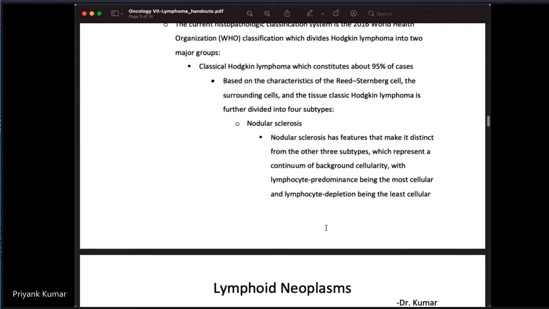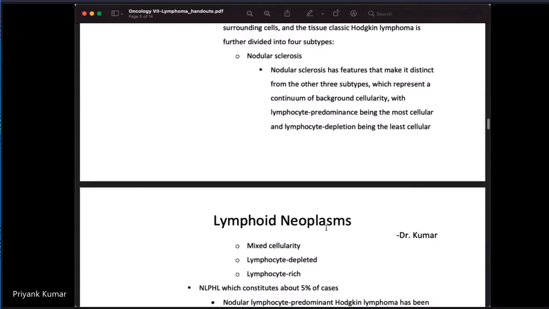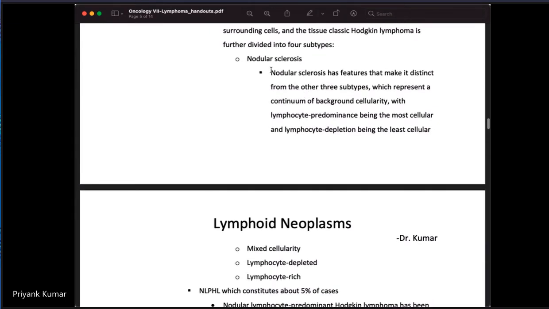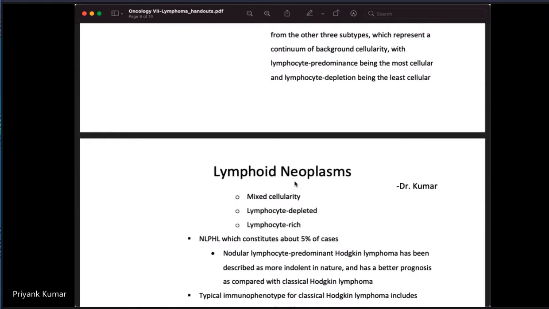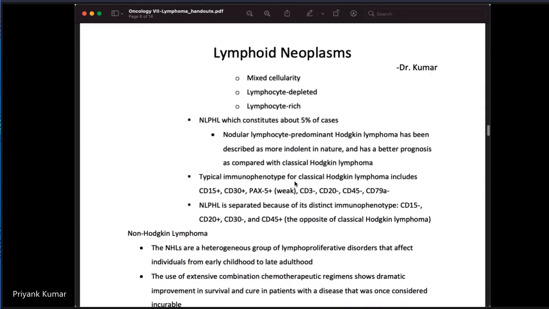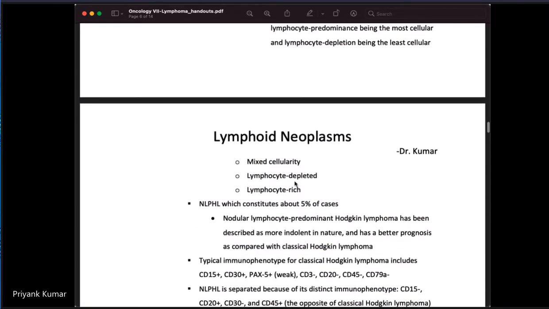Okay, now it is of these types: nodular sclerosis. Okay, it is further subdivided into nodular sclerosis, mixed cellularity, lymphocyte depleted, and lymphocyte rich classical Hodgkin's lymphoma. Okay. Now, so two types, right?